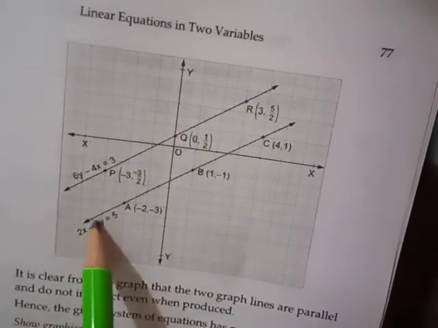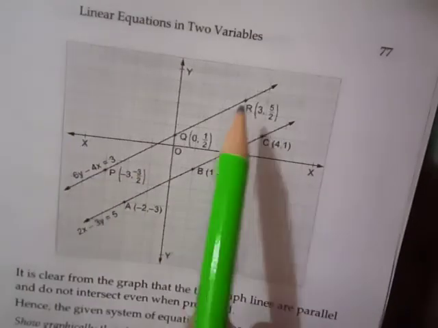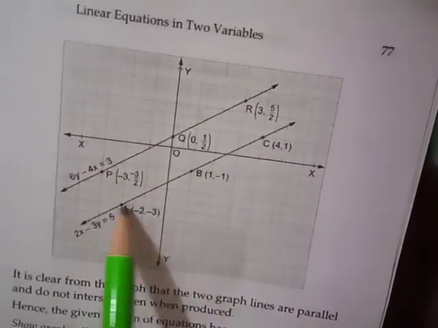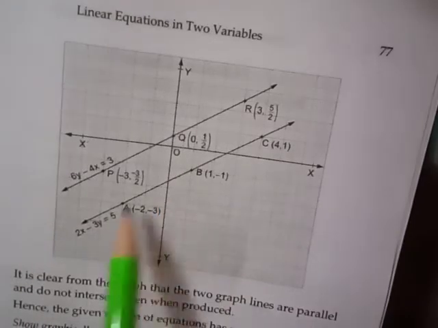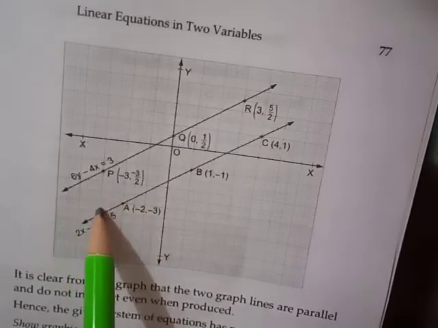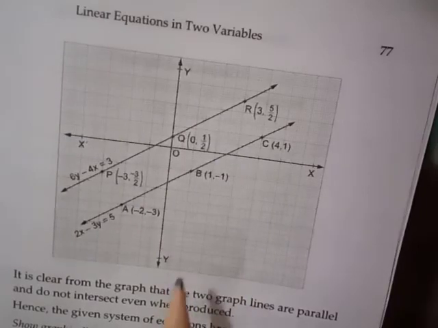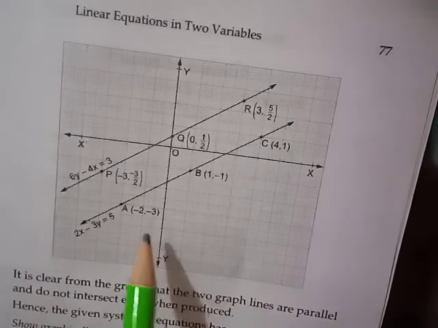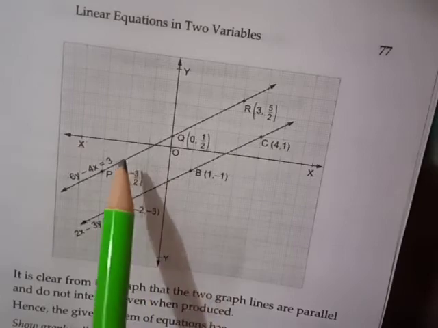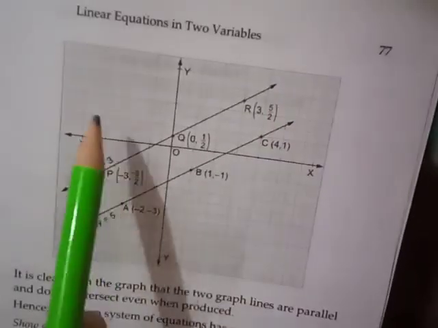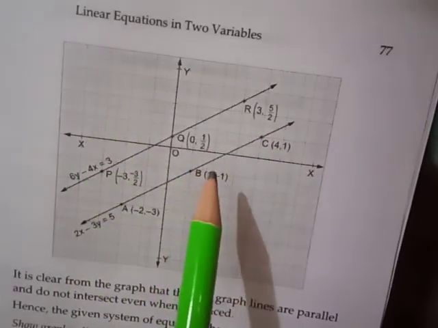As you are seeing in the figure, these two lines are parallel. It means the given system of equations has no solution, because if they were intersecting lines there would be one solution.